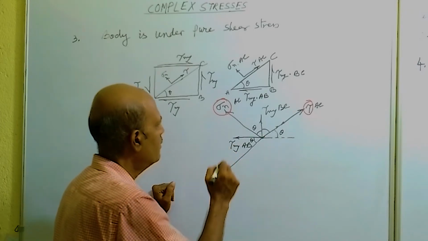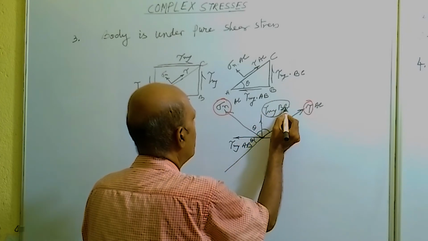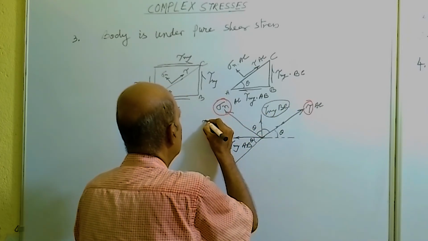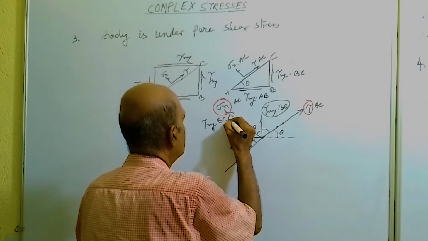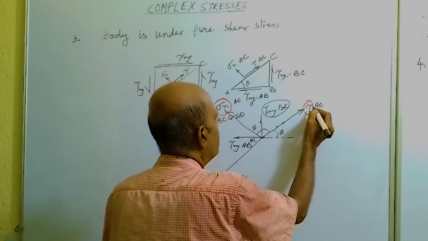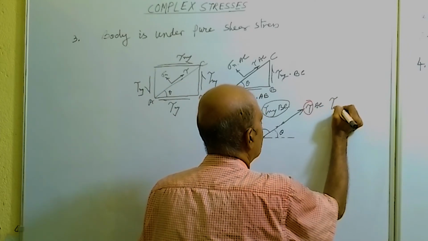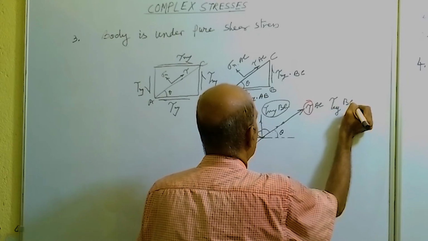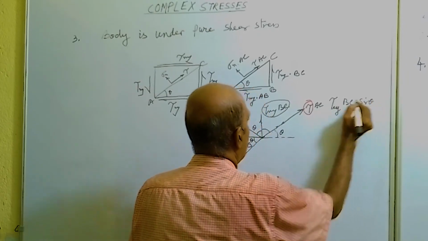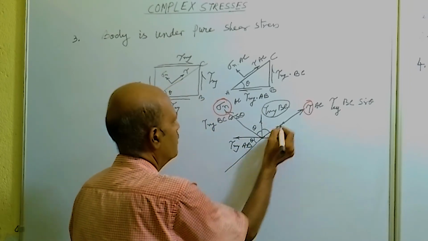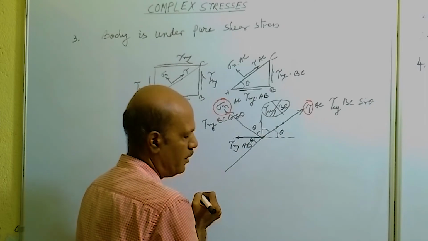So after this, we will resolve this into two components, that is tau xy bc cos theta. It will come in this direction, tau xy bc cos theta, and in this direction will be tau xy bc sin theta. So this one is resolved. Next we will resolve tau xy into AB force.